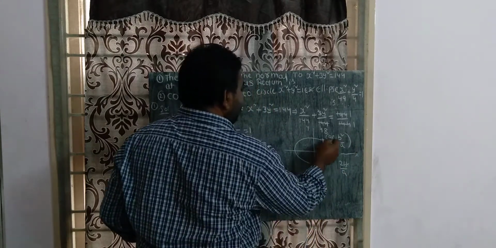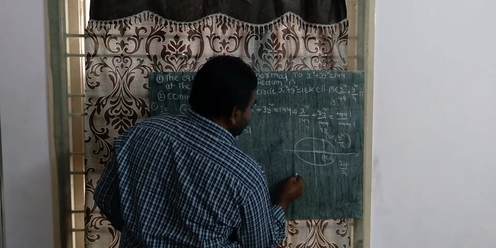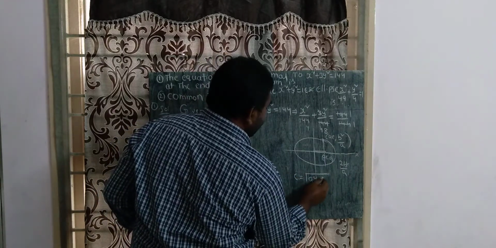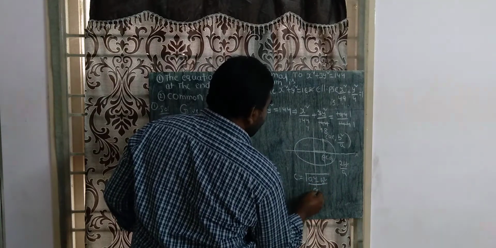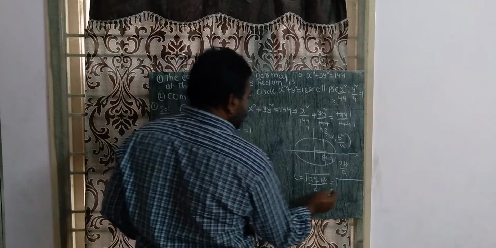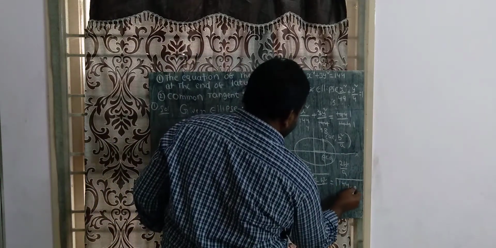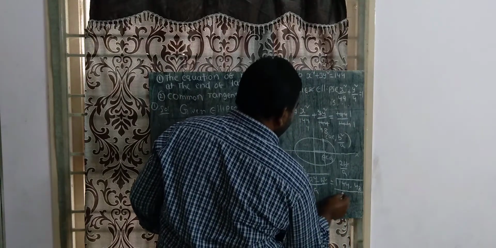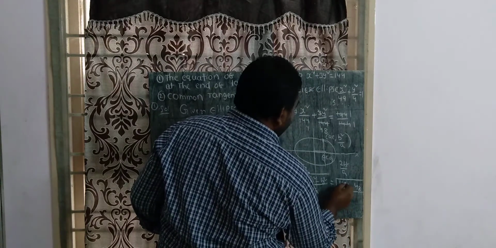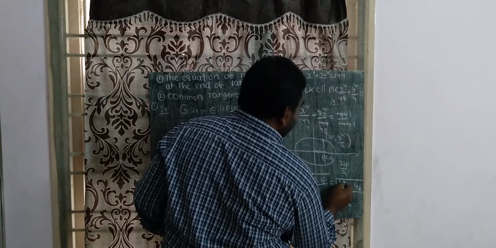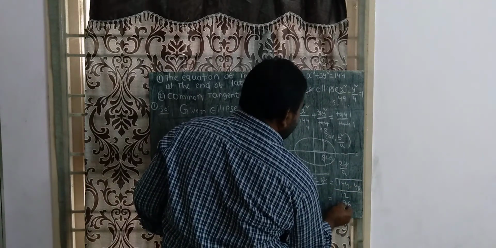So we find e is equal to square root of a square minus b square, by a, that is square root of 144 minus 48 by 12. 144 minus 48 is 96.